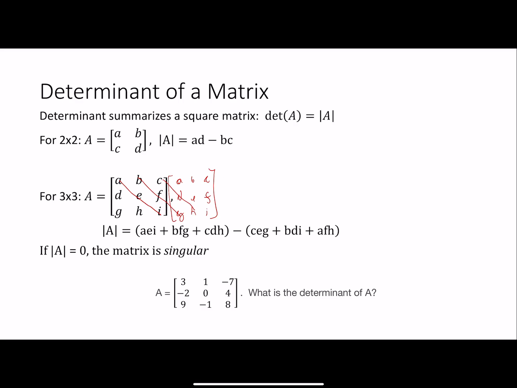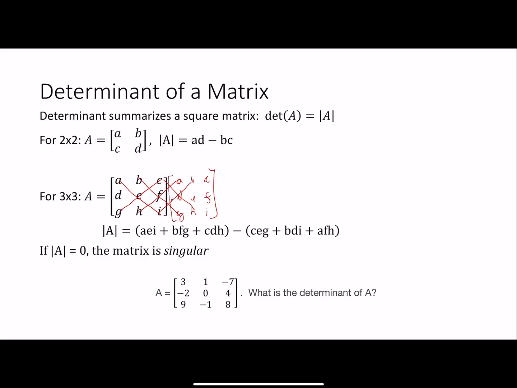And we multiply these lines together, right? So A multiplies E multiplies I, and this is what we wrote over here. B multiplies F multiplies G, which is what we wrote over here. And C multiplies D multiplies H, which is what we wrote here. And we do the same for the other diagonals, which we connect this way.